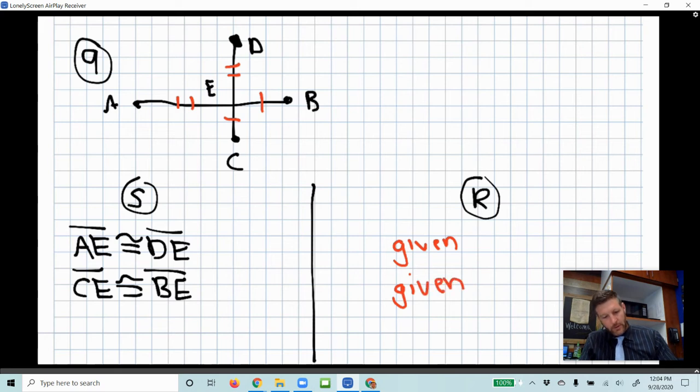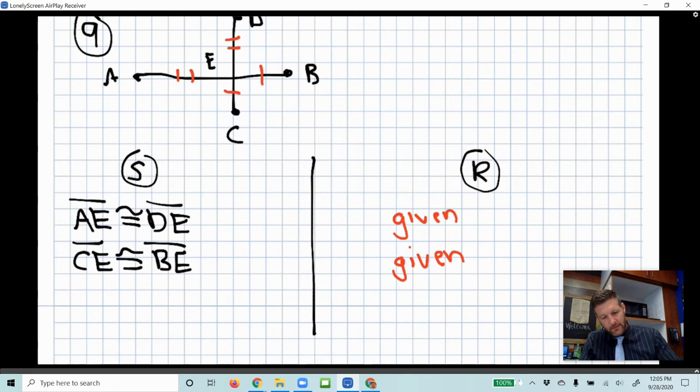Okay, now, what are we trying to prove? We're going to try to prove that the entire A to B is congruent to the entire C to D, so I'm trying to prove that this is congruent to this. Okay, well, let's see, what can I do next? I can see that if I'm trying to prove the entire lines, I might want to go ahead and make the statement of how the lines add up.